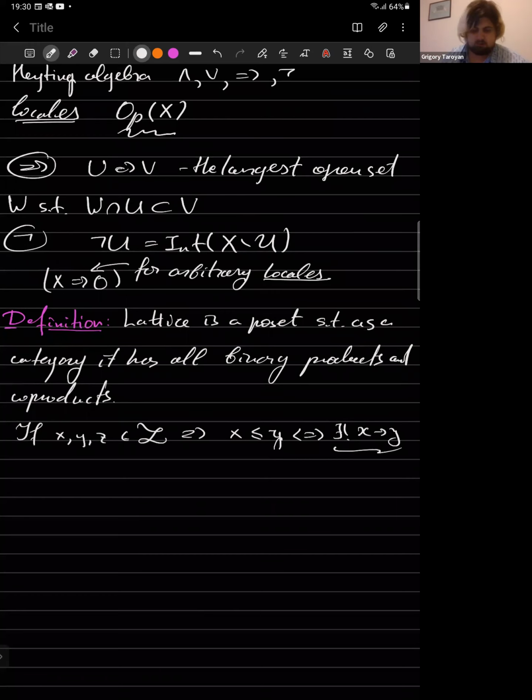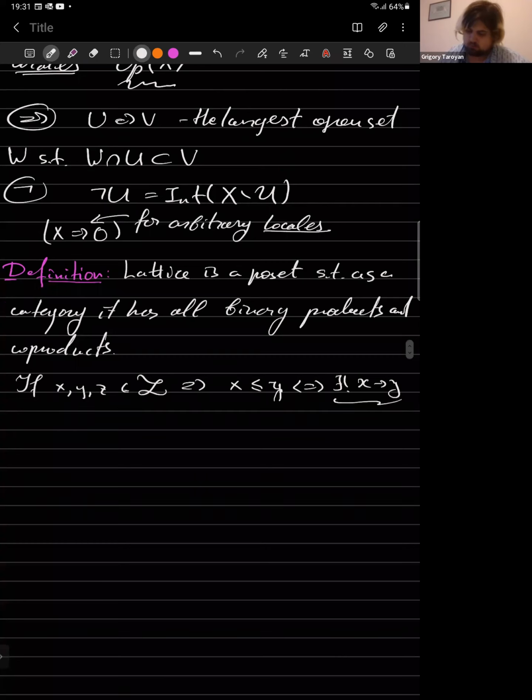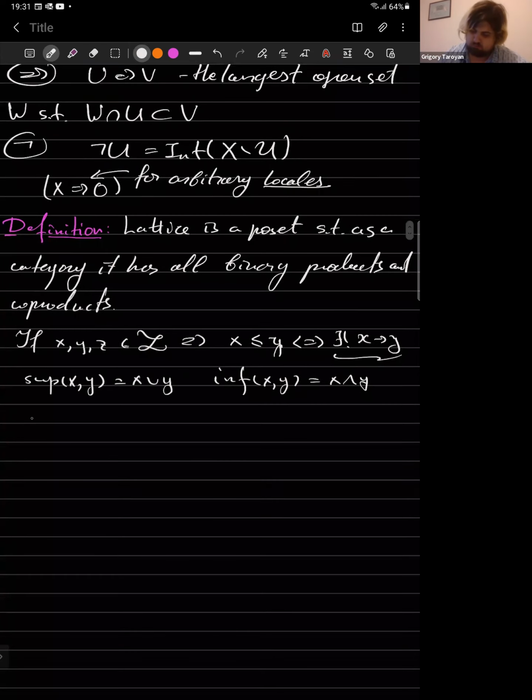That's very common. And so a coproduct is denoted by supremum of two elements, or sometimes it's denoted like this, and the infimum of two elements is sometimes denoted like this. If we have 0 and 1 in our lattice, then we have the following inequality for each element of the lattice.